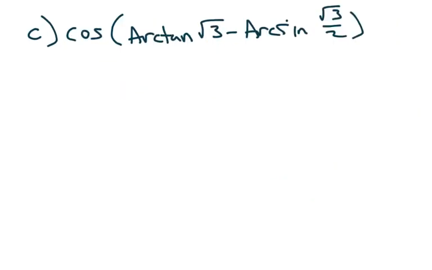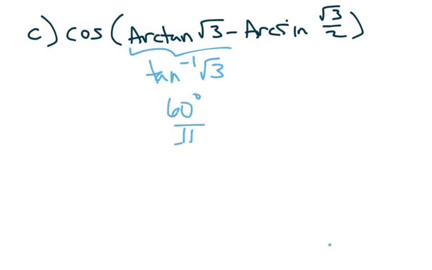For a problem like C, we're going to do this using order of operations, so we're going to do it in parts. Order of operations says, look at what's inside the parentheses first. So what's inside the parentheses, we're going to do part by part. This is inverse tangent of the square root of 3. If you're in degree mode in your calculator and you do this, you're going to get 60 degrees, which is pi/3.